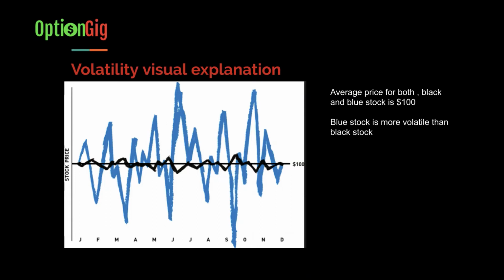This is just to give you a reference for how to think about volatility. It does not tell us about the direction in which a stock may move, just the fact that the stock makes a lot larger moves. In that case, the volatility is much higher.